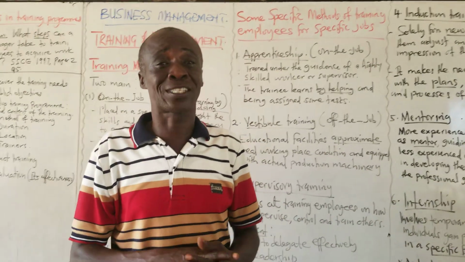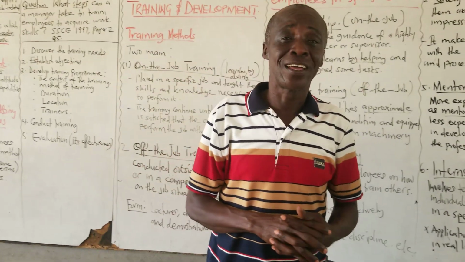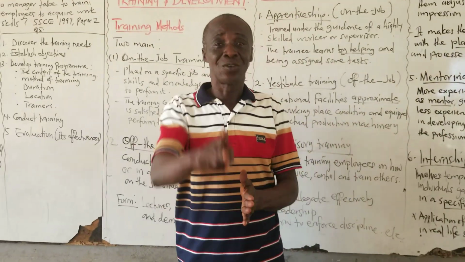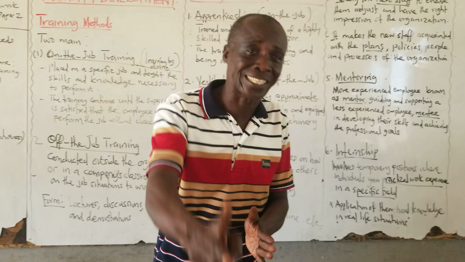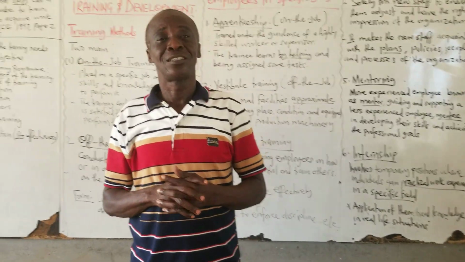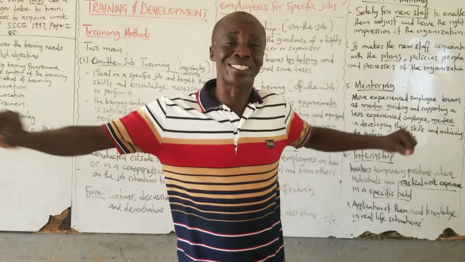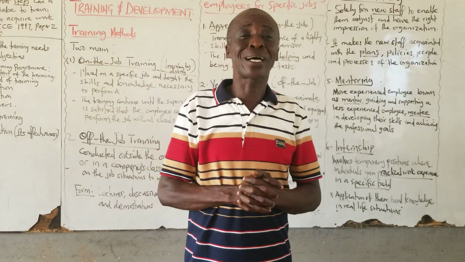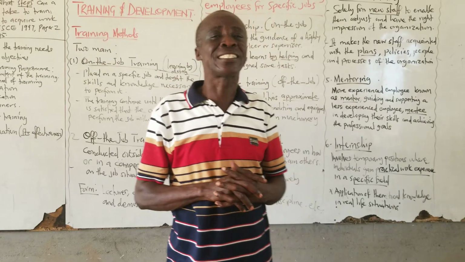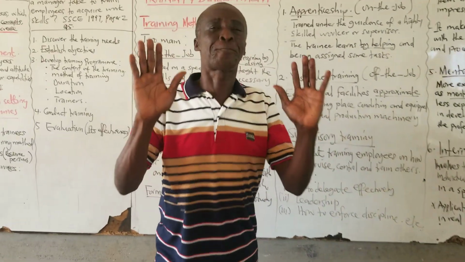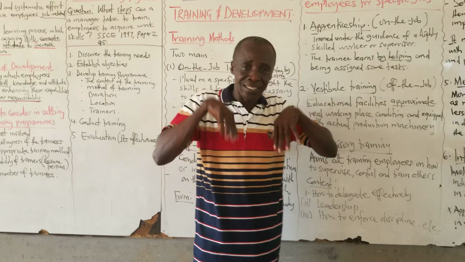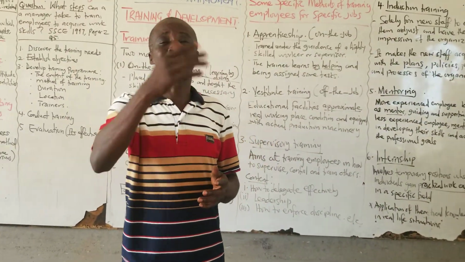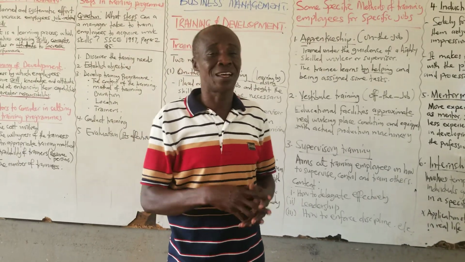When you say task, you know what task is. Assuming you were learning to be a seamstress, your master will guide you on how to cut the material. Your master will guide you on how to even measure the material and any other skill that is required. So remember, the master is a highly trained person, and he wants to impart the skills that are in him to you, so that in future, when you have also acquired that skill, you become a master.